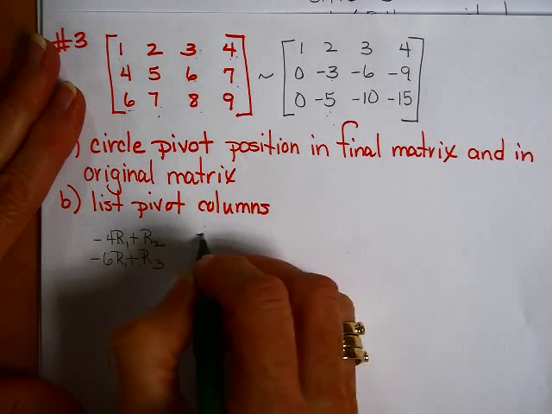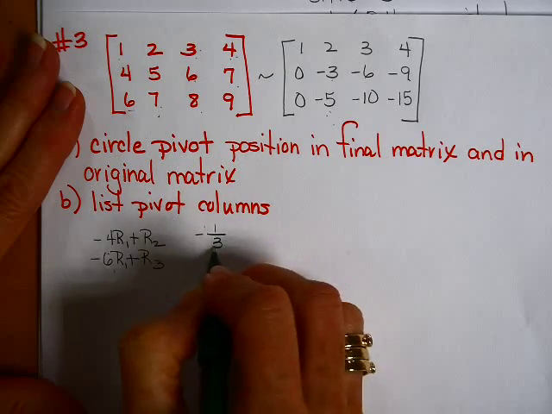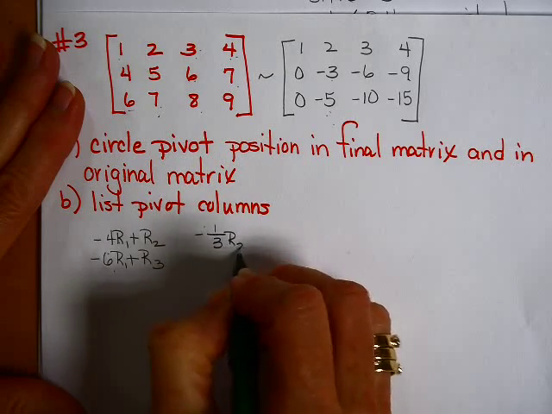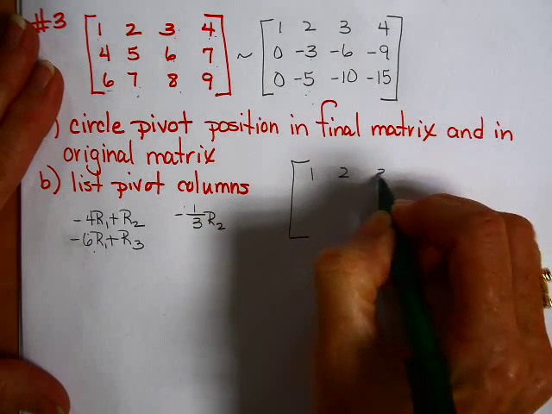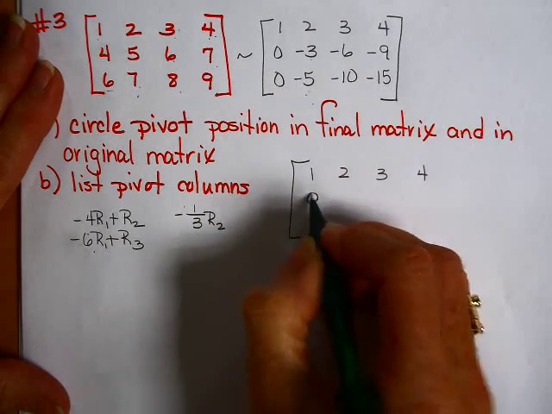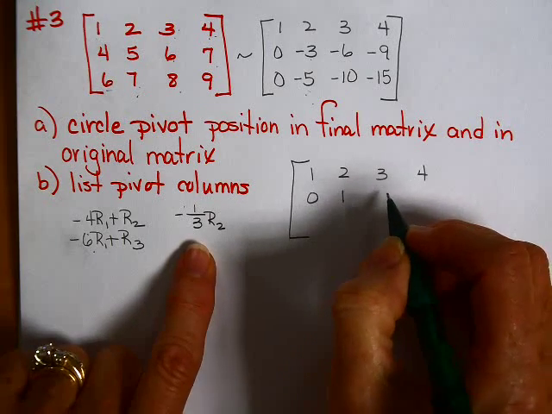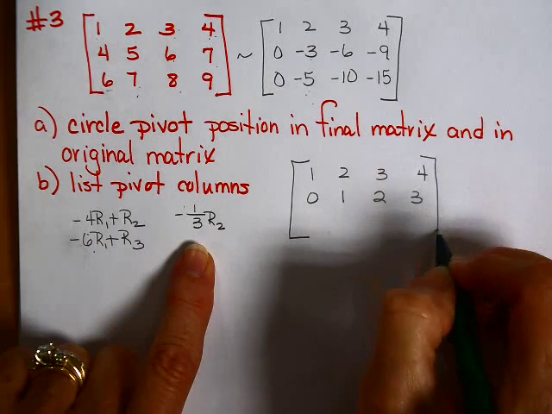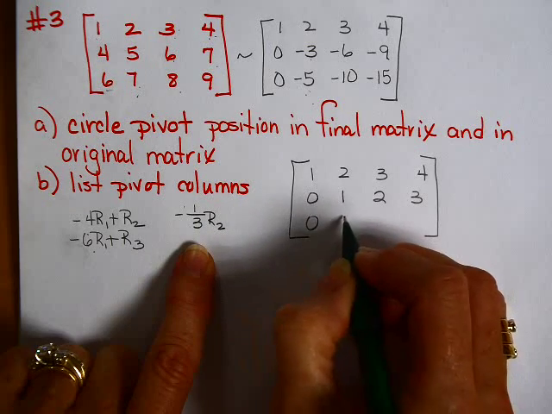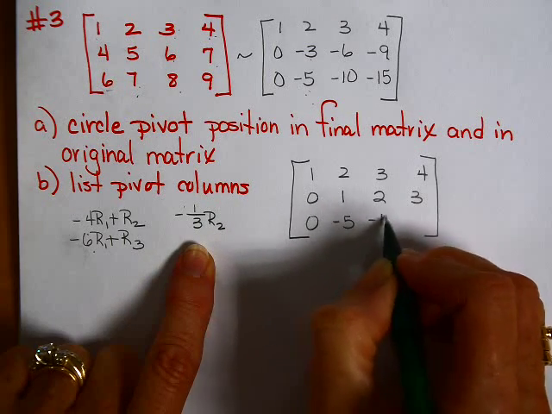I would multiply -1/3 times row 2. So that's going to be 0, 1, 2, 3. And you could just leave this here.